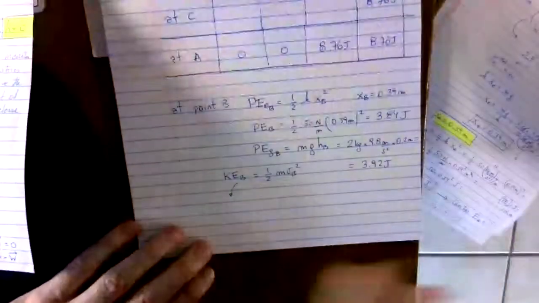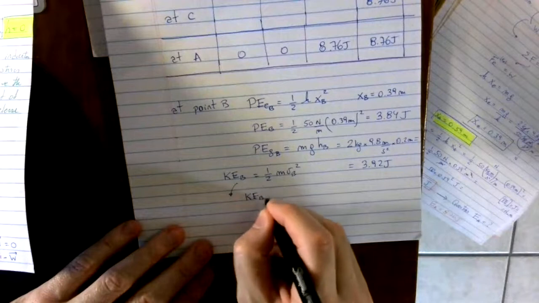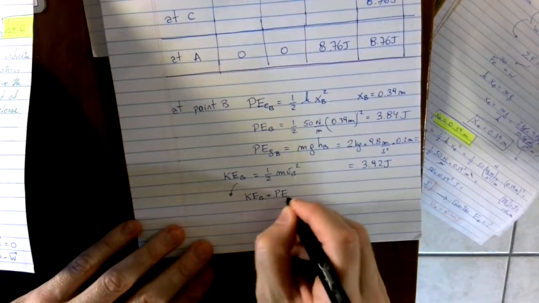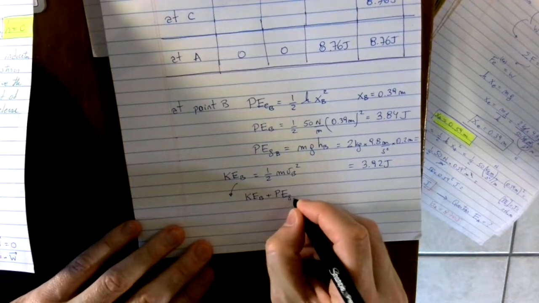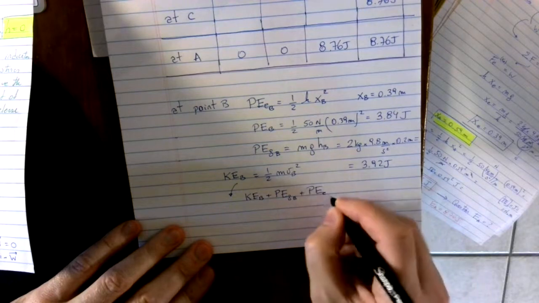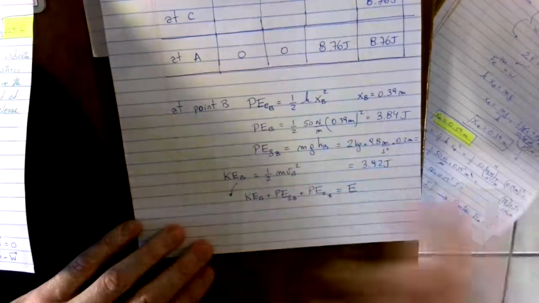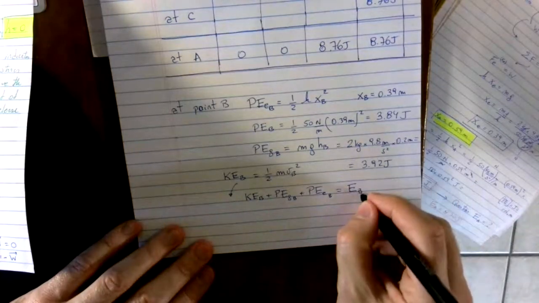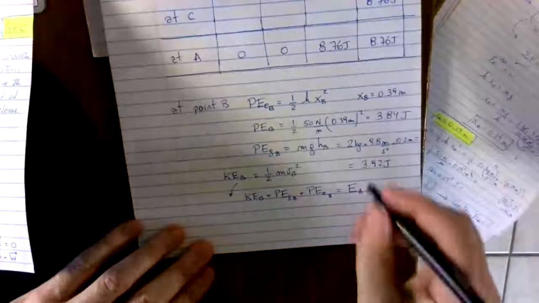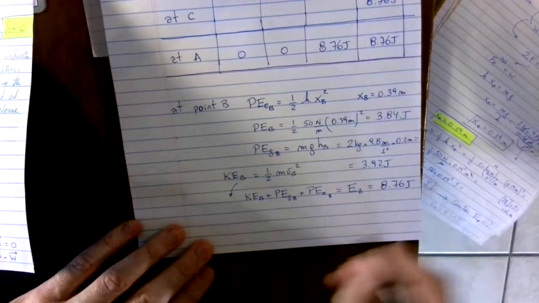We do not use the velocity because we do not have it, but we know that KEB plus gravitational potential energy at B plus elastic potential energy at B equals the total mechanical energy, which is at B or at A, it doesn't really matter. This is the same all the time, 8.76 joules.